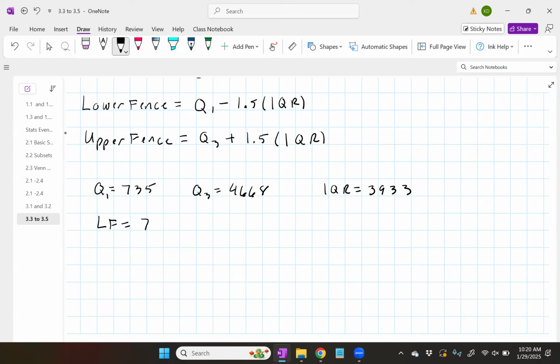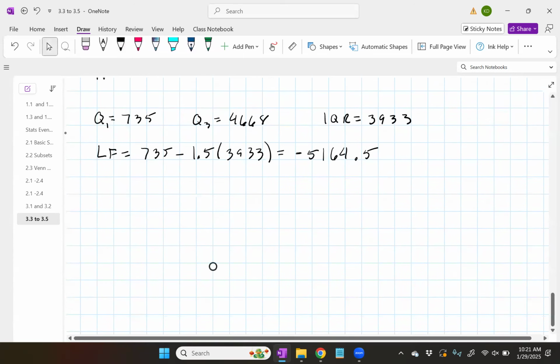Q1, 735 minus 1.5 times 3933. Plug it in and we get a fairly small number. It's negative. So we can't have any low outliers in this case because all of our numbers were positive.